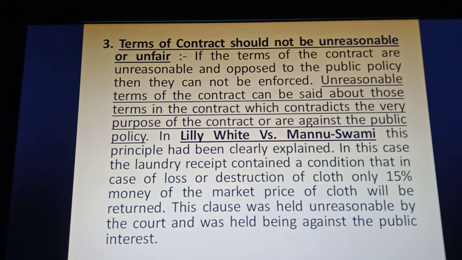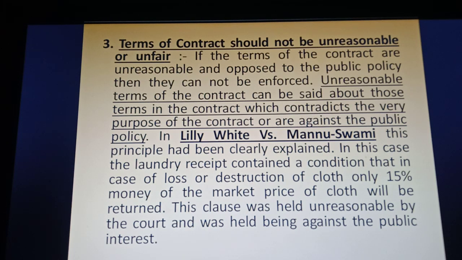In a very important case, Lily White versus Muniswami, this principle was clearly explained. In this case, the laundry receipt contained a condition that in case of loss or destruction of your cloth, only 15% of the market price of the cloth will be returned. That means if your cloth is worth rupees 10,000, only 1500 will be given to you as compensation.